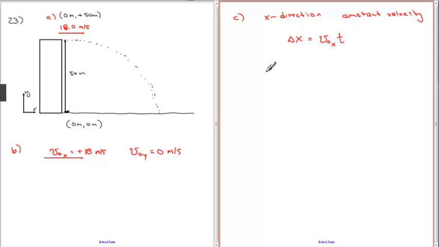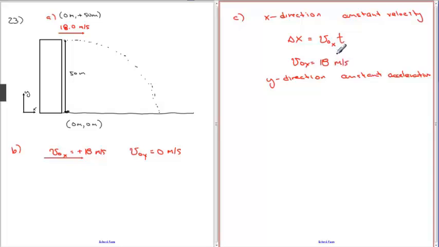for the x component. For the y component, we have constant acceleration because we have deceleration due to gravity. And because of that, we have 4 equations. But it says write the equations for the x and y components of velocity. Well, actually, this is v0x equals 18 meters per second. So that's the equation for the velocity.